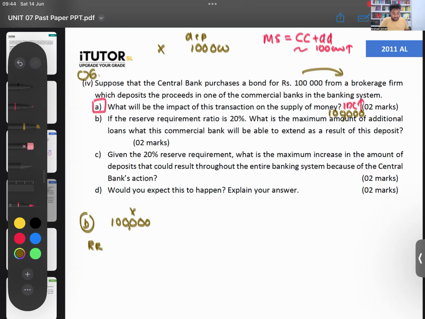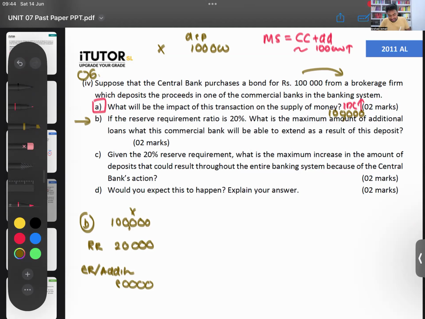If SRR is 20%, they have to keep 20,000 as required reserves. That means how much excess reserves, or how much additional lending, can they give? They can give the balance, 80,000, as additional lending. So that's the answer there. I am just writing short forms here; write your answer in a complete form.